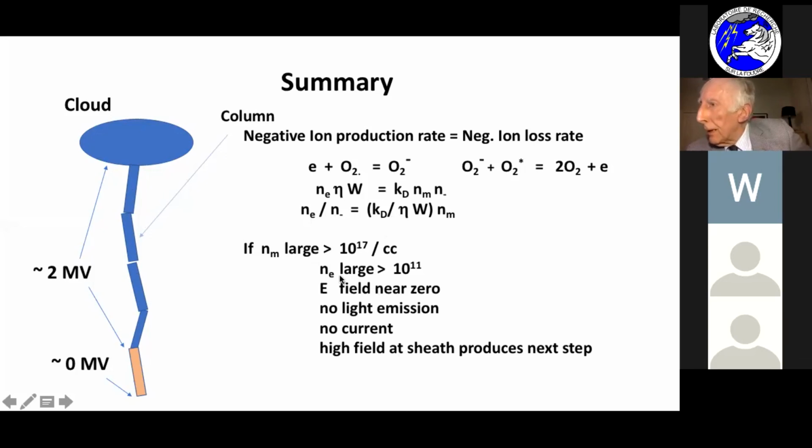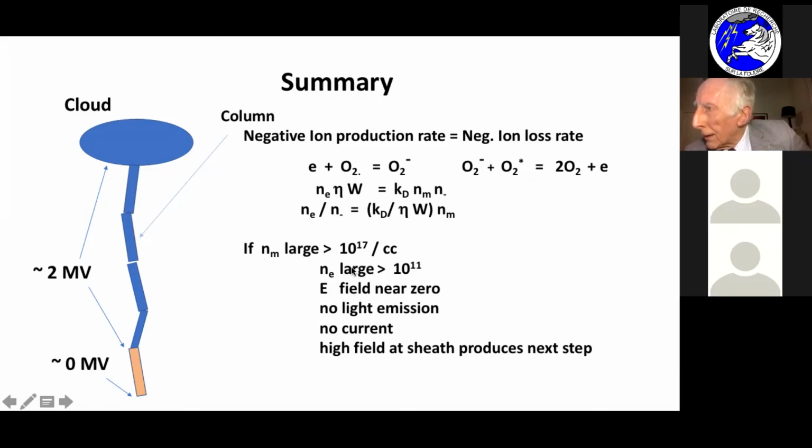But everybody knows that if you have a large electron density in any material, be it a metal, the electric field within that is zero, simply because if you have an electric field in a plasma region with many electrons, the electrons move to the edge of the plasma to make the field zero or near zero. Now, because the field is near zero, there's no light emission, even though it's conducting.